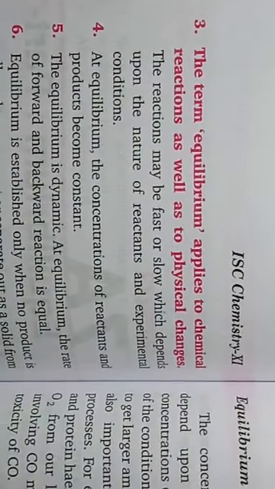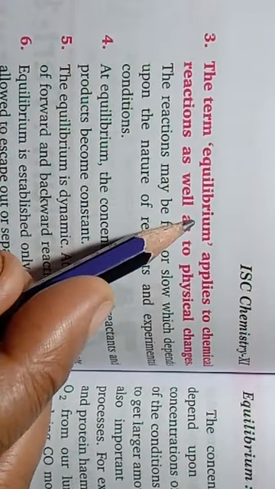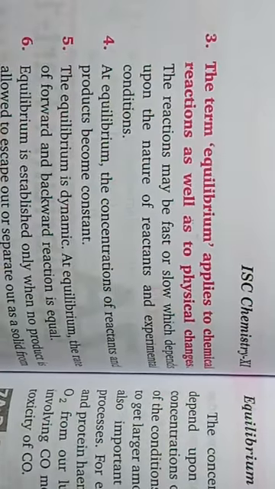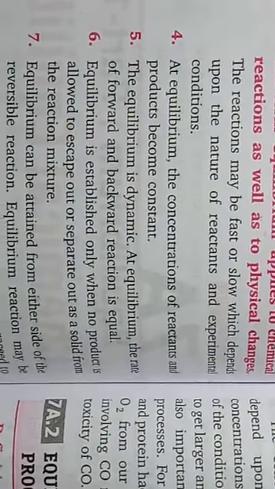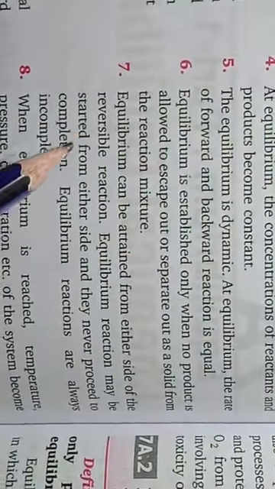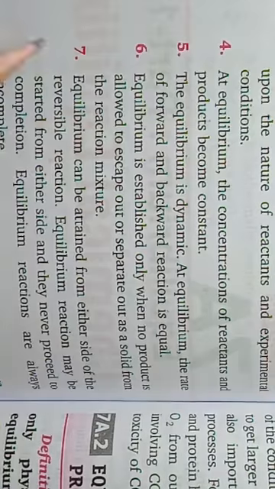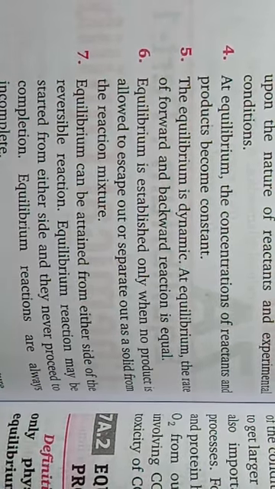Then third point, this equilibrium term we can apply to different physical changes or physical processes also. According to the fourth point, at equilibrium the concentrations of reactants and products become constant.